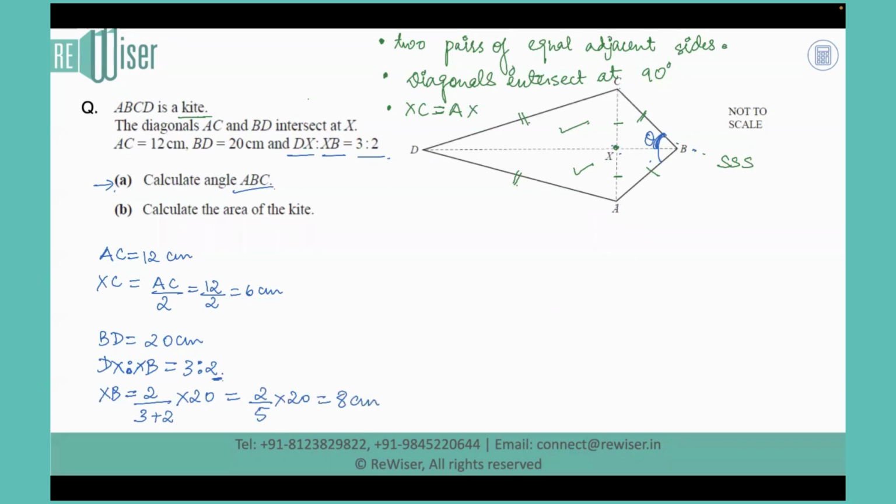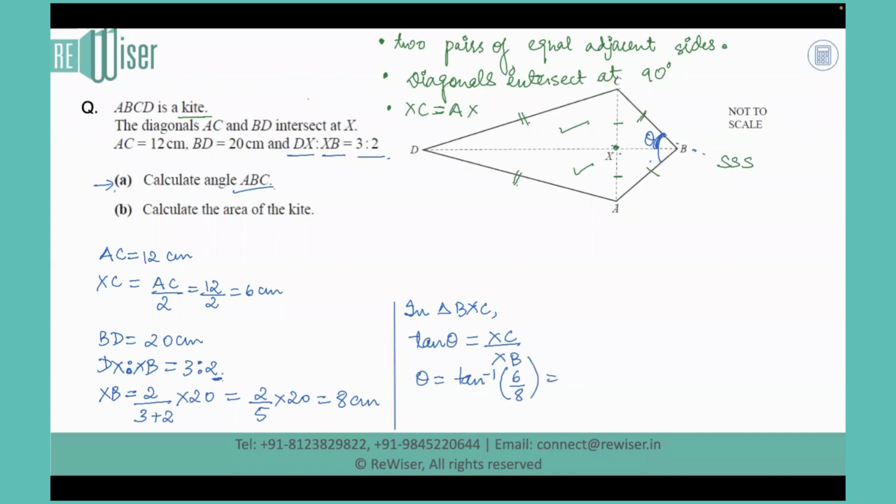Now moving on to the next part of the question, where we need to find the angle theta. In triangle BXC, tan theta can be written as XC by XB, and theta is tan inverse of these two lengths, where XC is 6 divided by 8 centimeter.